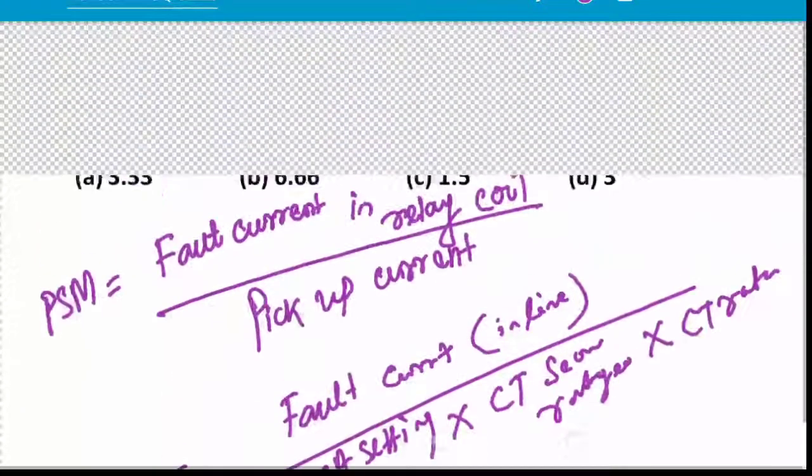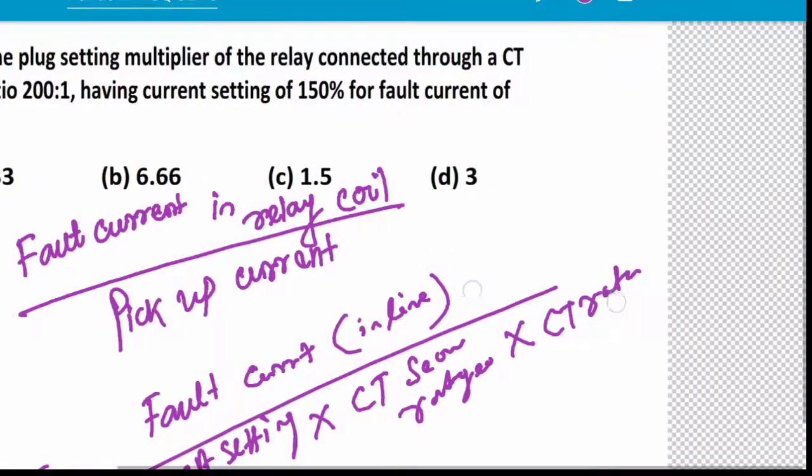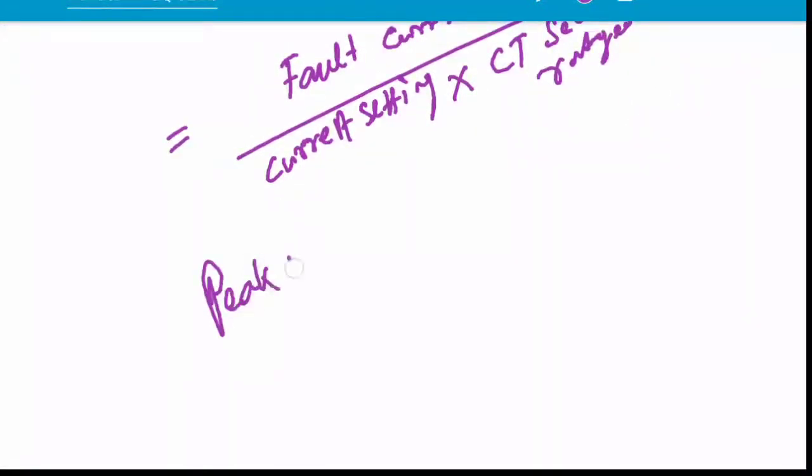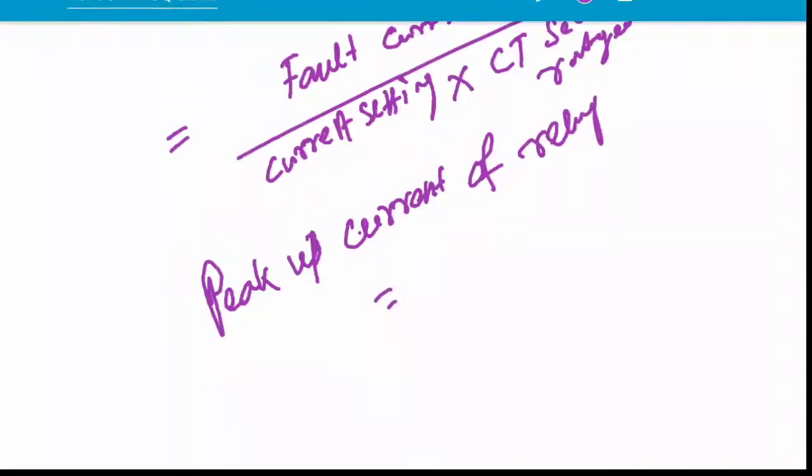Here I will first find out the pickup current. The pickup current of the relay is the current setting, that is 150%, into the rated current of the CT secondary.